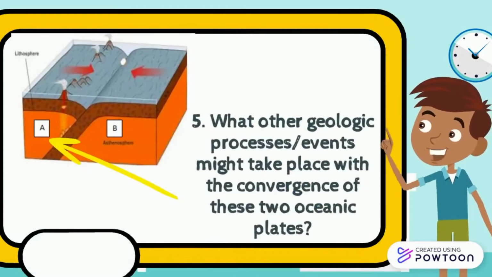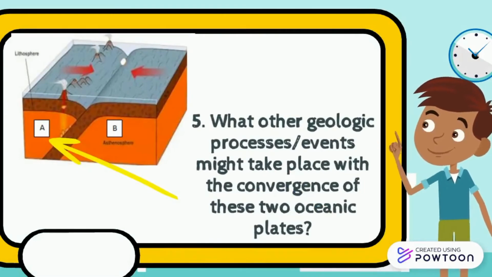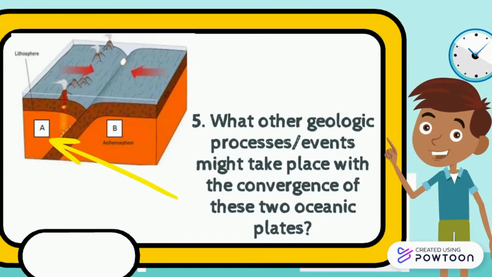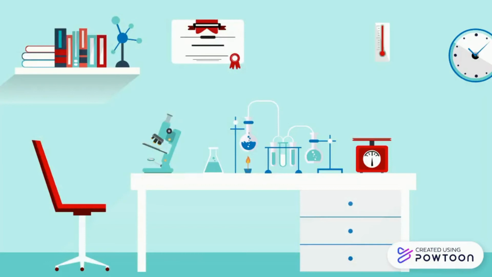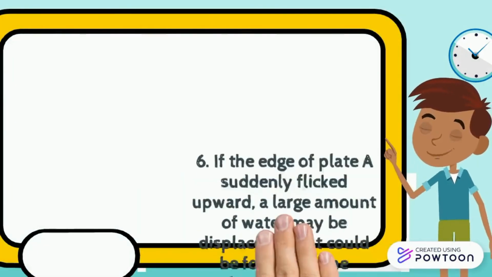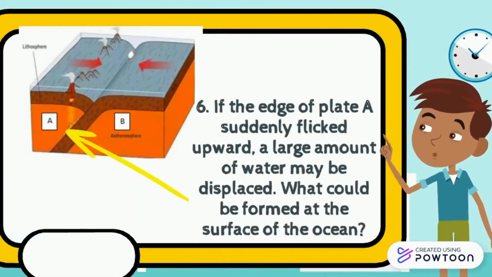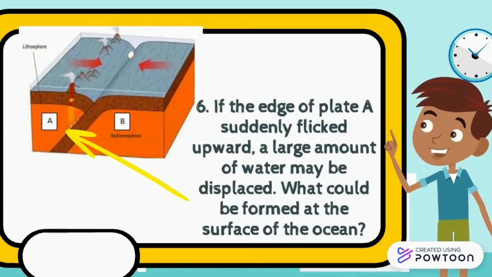What other geologic processes or events might take place with the convergence of these two oceanic plates? If the edge of plate A suddenly flicked upward, a large amount of water may be displaced. What could be formed at the surface of the ocean?